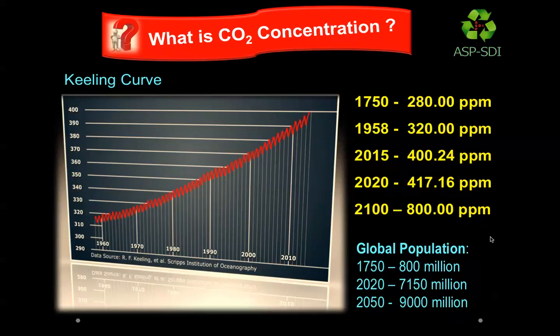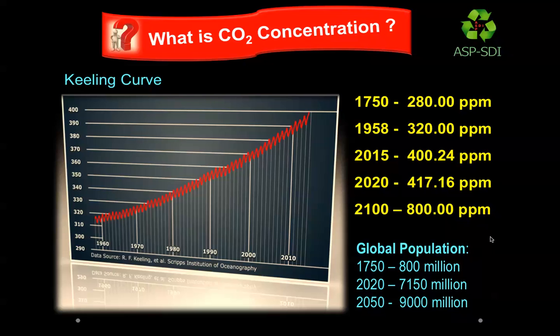Right now, it is estimated that we are in the range of about 415 plus ppm, and by 2100, it is estimated to touch about 800 ppm. From a health point of view, when the CO2 concentration comes near 500, it is extremely difficult and plays havoc on human health.